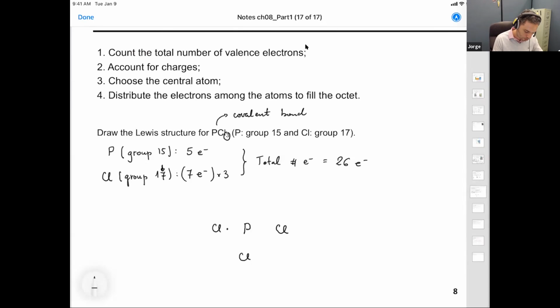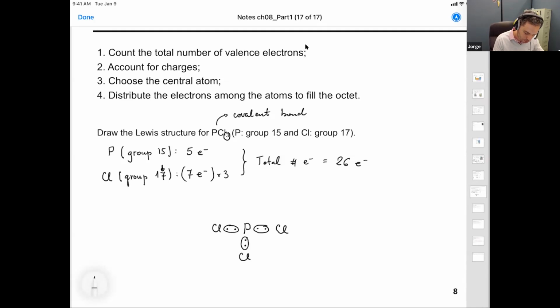So we will go a single bond here that requires 2 electrons, another single bond here, and that requires 2 more electrons, another single bond here, and that requires 2 more electrons. Therefore, I spent 6 electrons just to bond phosphorus with chlorine.